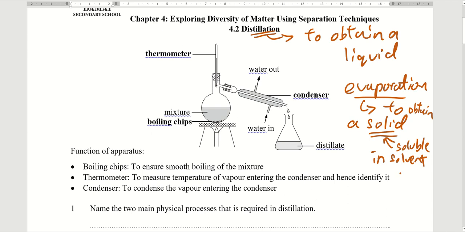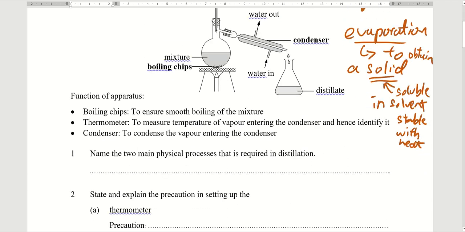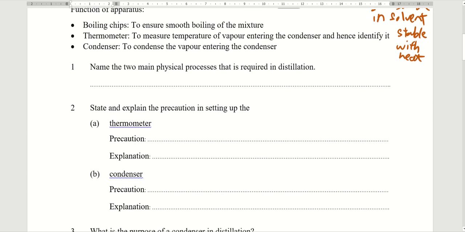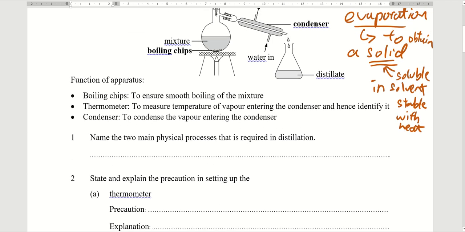But also at the same time it is stable with heat. So it is a little bit different from the other things that you have learned so far. So evaporation is not really the main factor here.